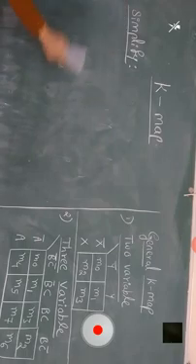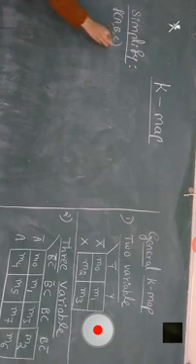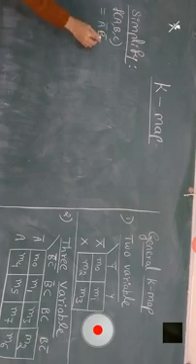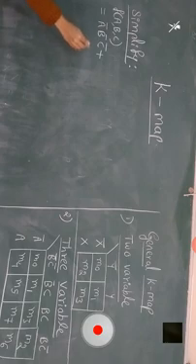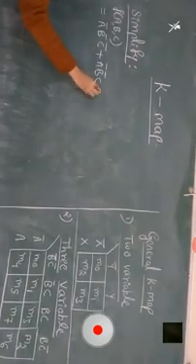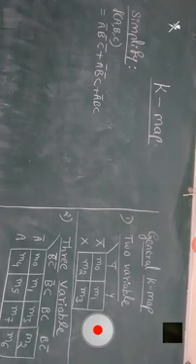Simplify f of A, B, C is equal to A bar, B bar, C bar plus A bar, B bar, C plus A bar, B, C. So this is the question they have given to you and you have to solve it by using the general K map.